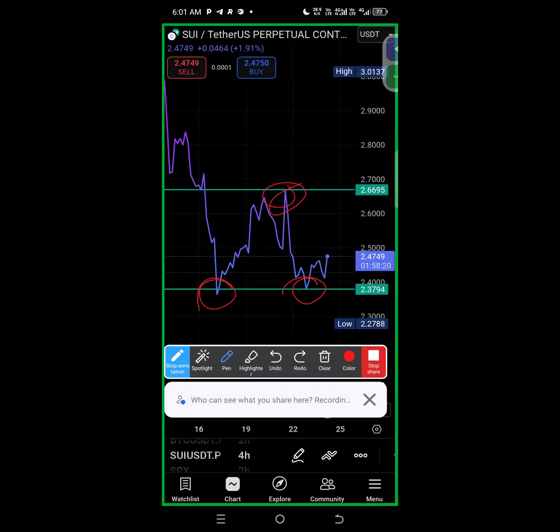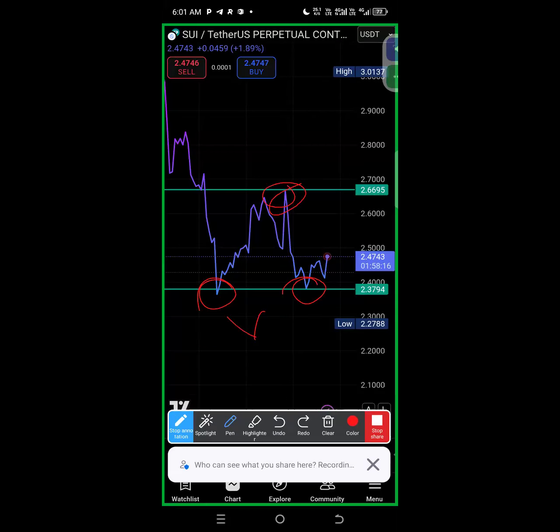Wherever you see an inverted V like this, that is the support zone where the price got supported. And wherever you see a V, it is the resistance. So this happens to be the support, this happens to be the resistance. That is how it goes.